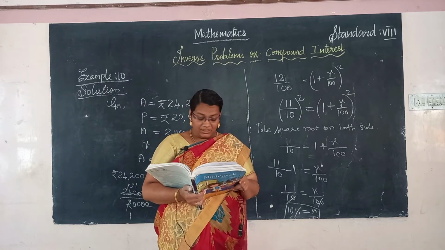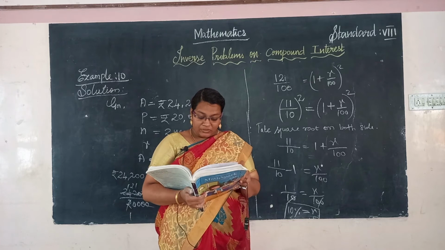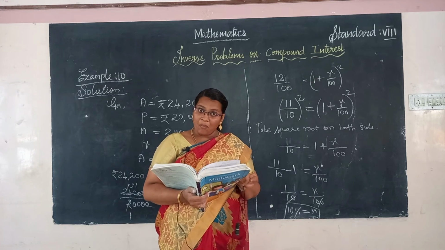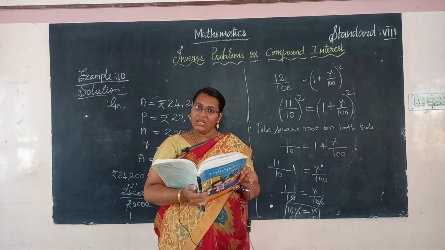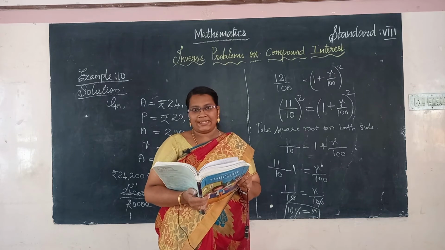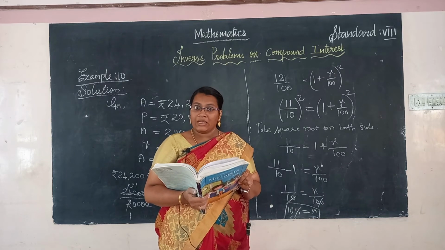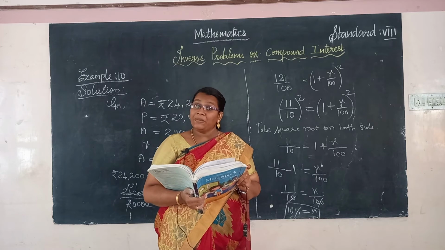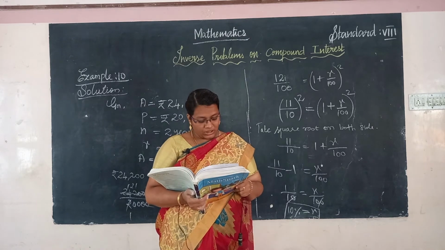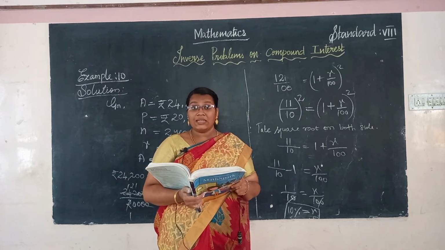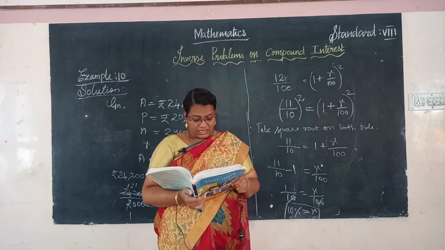I repeatedly tell you, the smaller value compared with the amount is the principal amount. Carefully write the principal amount and amount. At 5% rate of interest is also given.